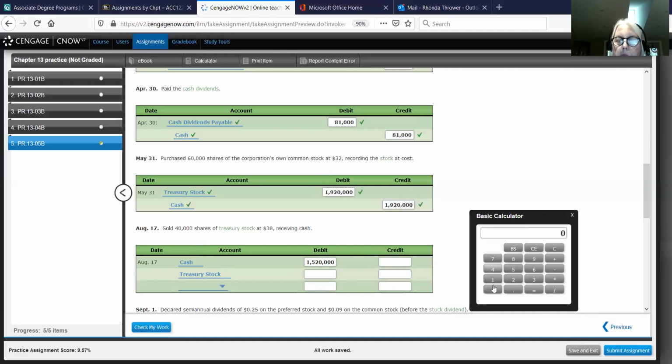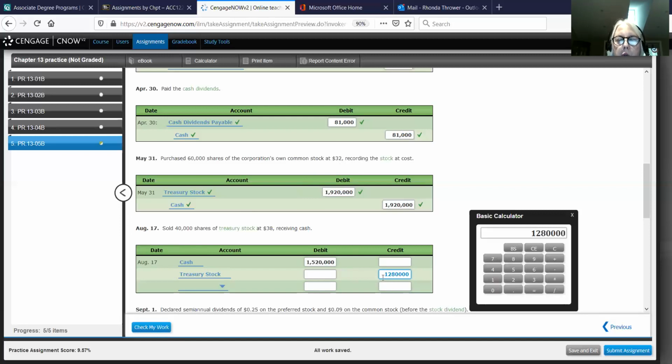So 40,000 times $32 is 1,280,000 that would be credited to the treasury stock. You always credit your treasury stock for what it cost you. If we sold 40,000 shares and it cost us $32 a share, we multiply those to get the amount.